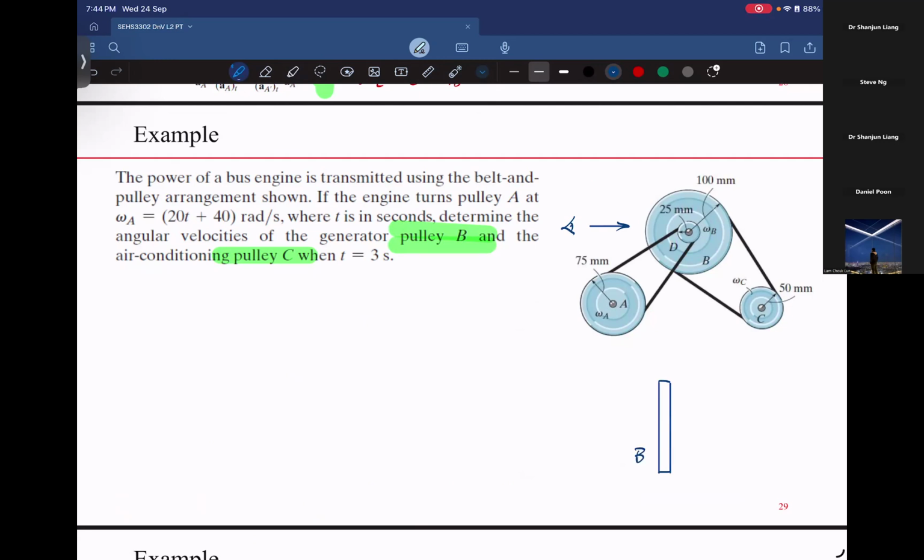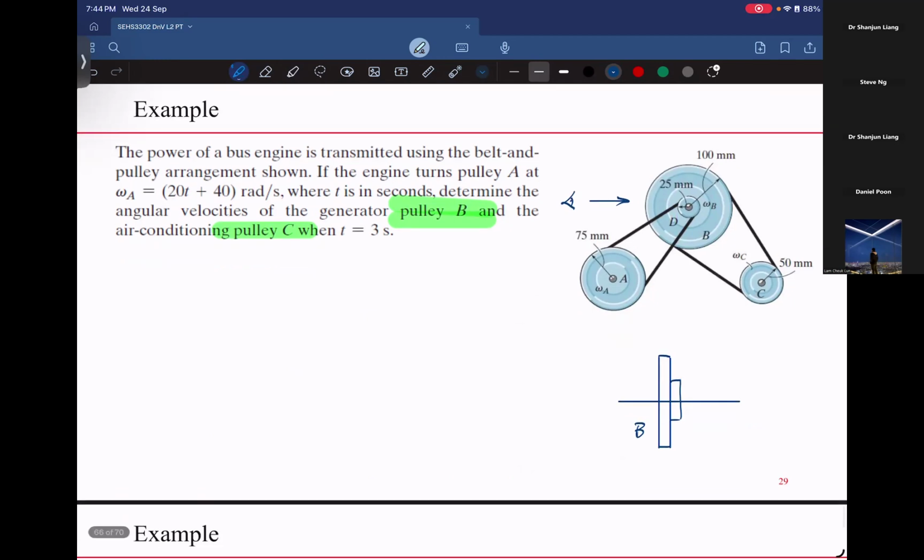Gear B is here, and you can also see a shaft here, and gear D for dog is in front of gear B. So gear B and gear D are both fixed to this shaft. Okay, so there is a shared shaft.